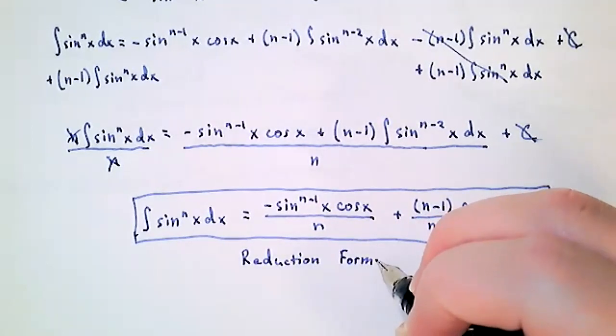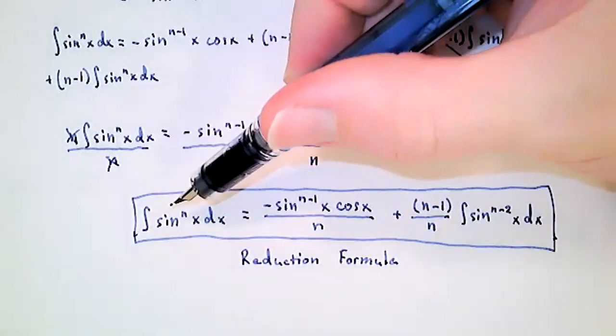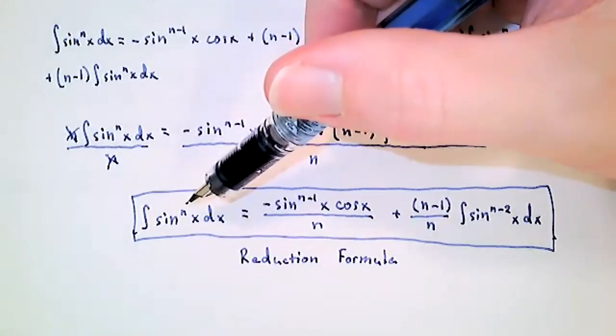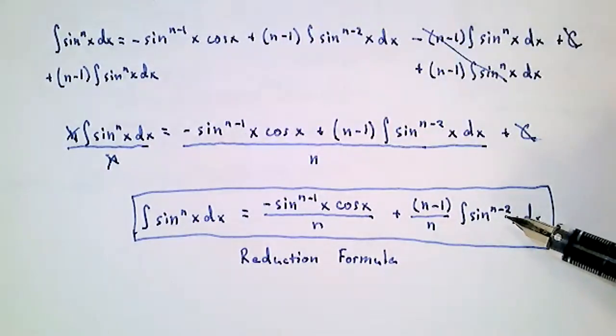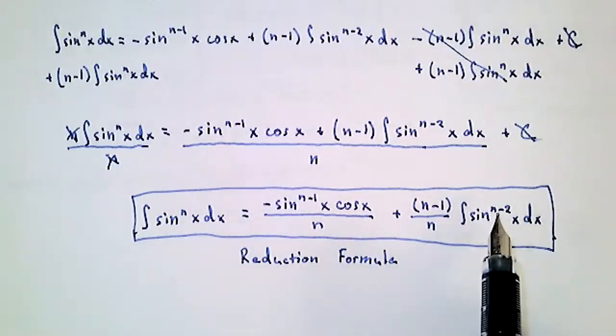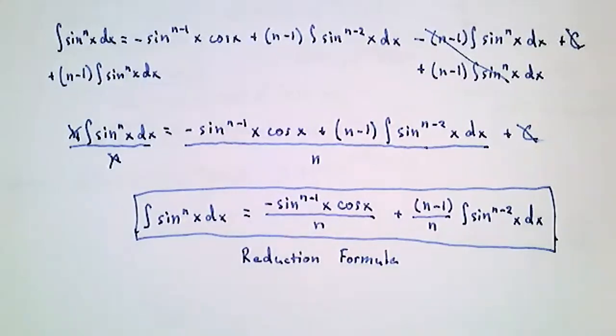And the idea here is that if you start with, say, sine to the fourth power or something like this, you would end up with an integral with a sine squared over here on the right. And then you could apply the rule again to reduce that power down to 0. So you can apply this formula repeatedly to integrals with powers of sine to reduce the power down to either 1 or 0, depending on if you start with an odd or an even number.